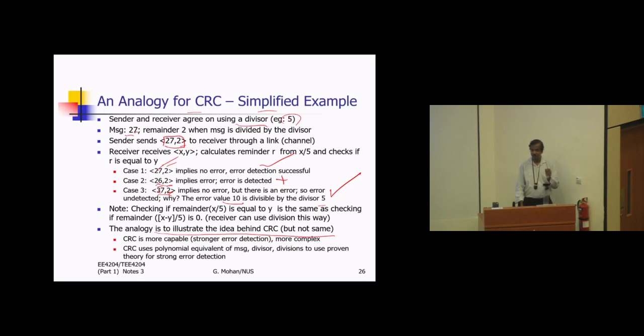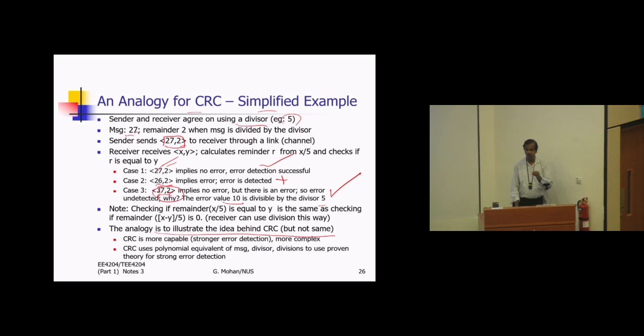CRC is going to use a divisor polynomial. We are not going to divide by a number, but by a polynomial, and we choose that polynomial such that these kinds of situations do not arise. Intelligently we have to choose.